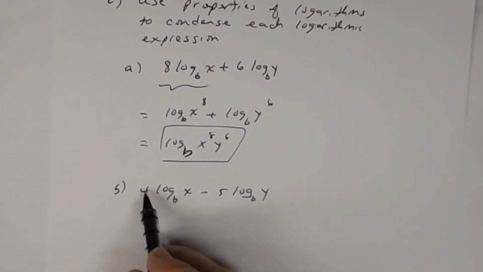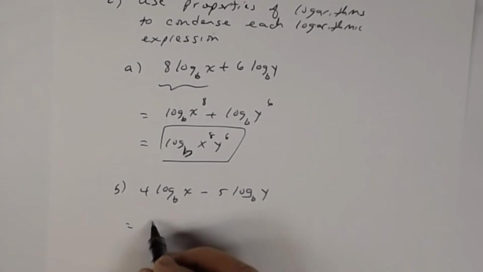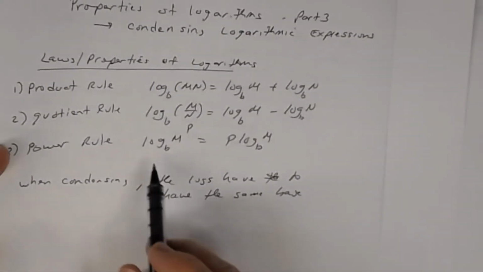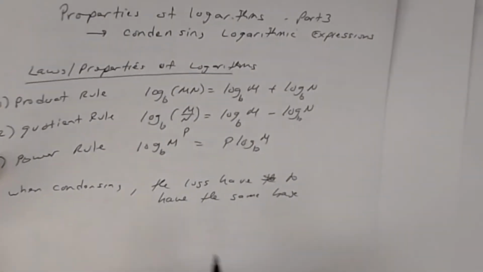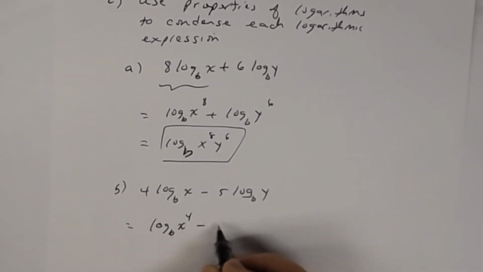So let's go ahead and bring this as an exponent and bring this as an exponent. So I'm using a power rule now, going from here to here. So I get log base b of x to the 4th minus the log base b of y to the 5th.